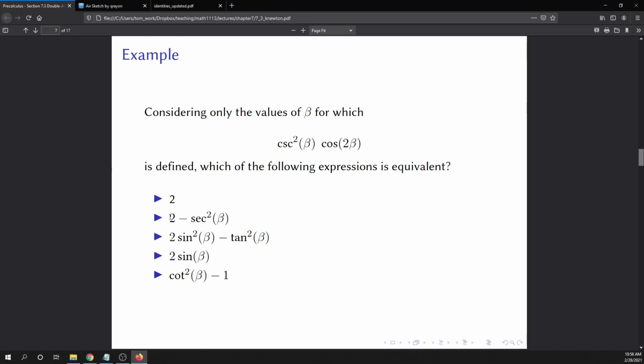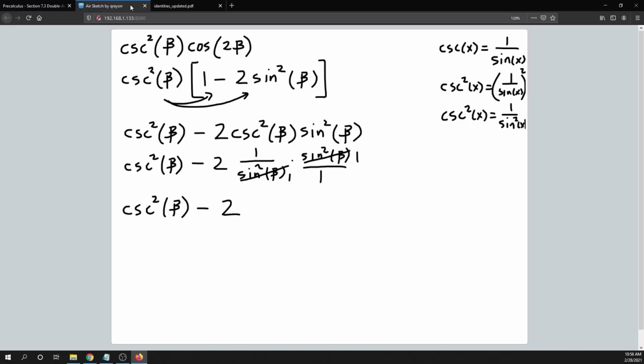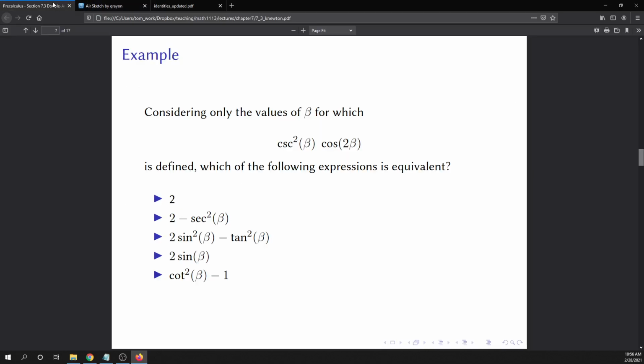The expression that I have, cosecant squared beta minus 2, looks like maybe this first one is not that far off. It has the 2 and a squared secant, but I really want a squared cosecant, and I want this to be backwards. But that might be a possibility.